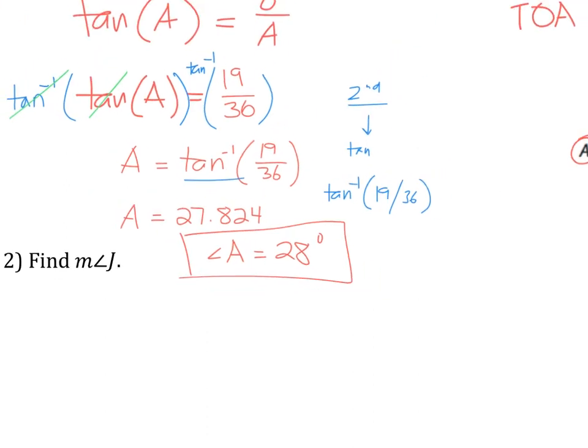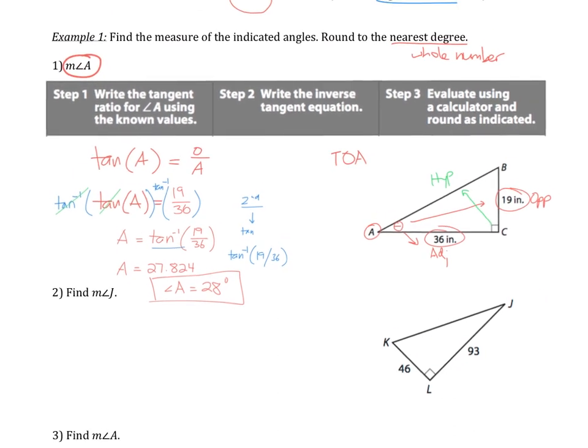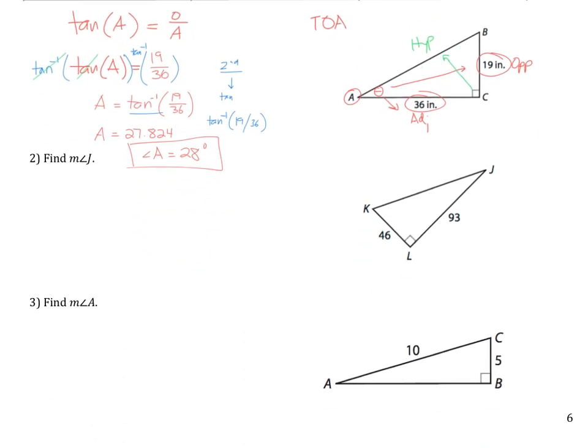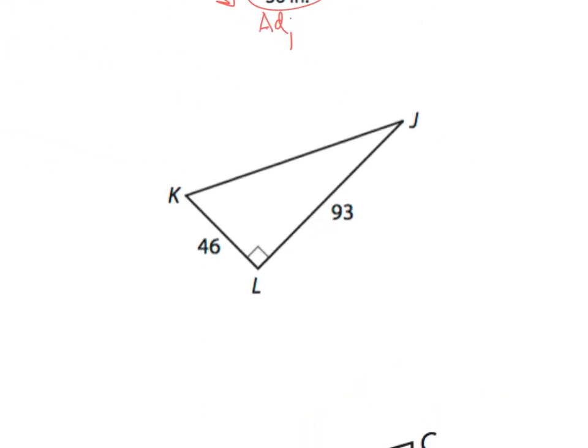And that's it. The hardest part of these problems is figuring out which two sides you're even using, and then from there, knowing which trig ratio you're going to use. So for number 2, find the measure of angle J. If we look at our diagram, here's angle J, so that's going to be our theta.